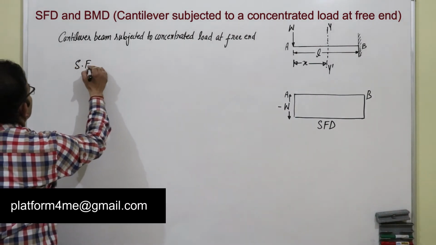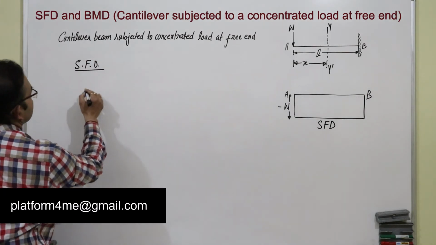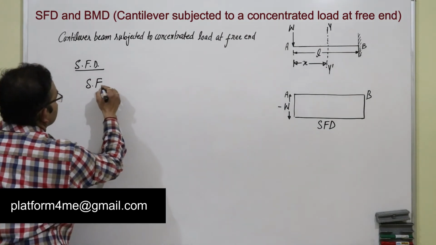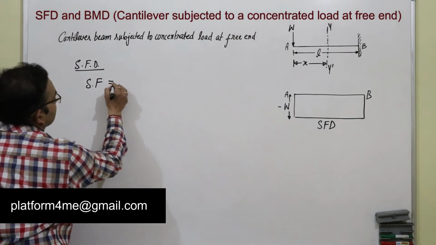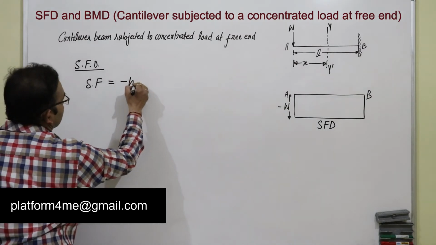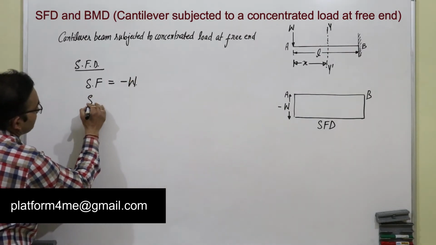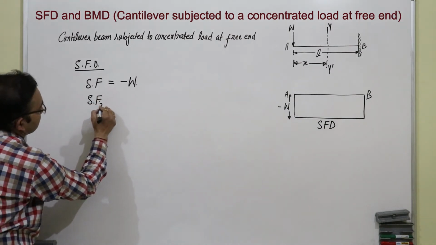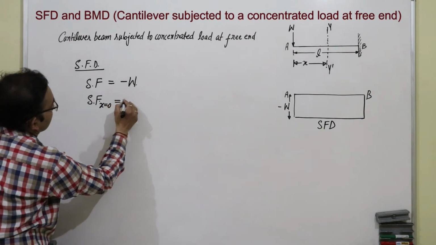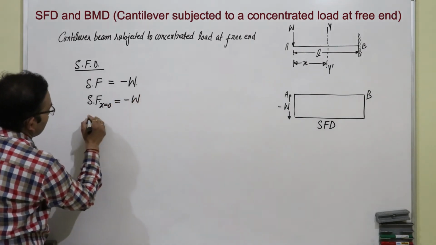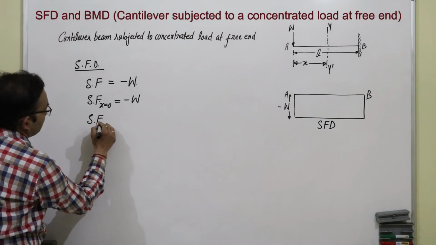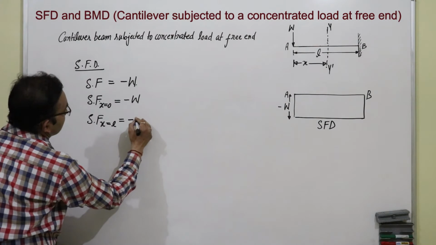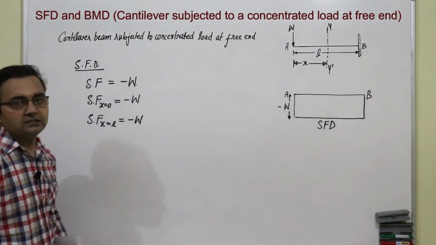Shear force is equal to minus W. Shear force at x equal to 0 is minus W, and shear force at x equal to L is minus W. Is it clear?